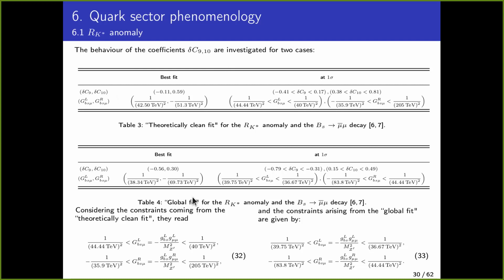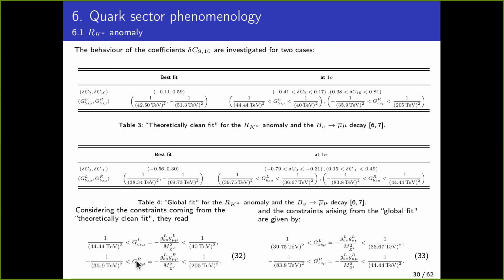If you take a look at both of them, considering the constraints from the theoretically clean fit, this left-handed Wilson coefficient runs from this value to this one, and for the global fit, it runs from this one. They look consistent with each other very well, so maybe we can find some overlapping region between the theoretically clean fit and the global fit for the left-handed Wilson coefficient.